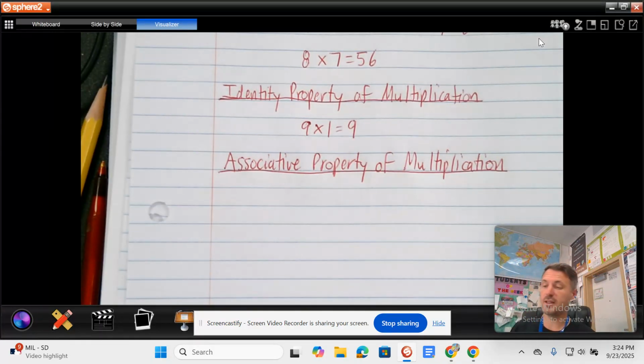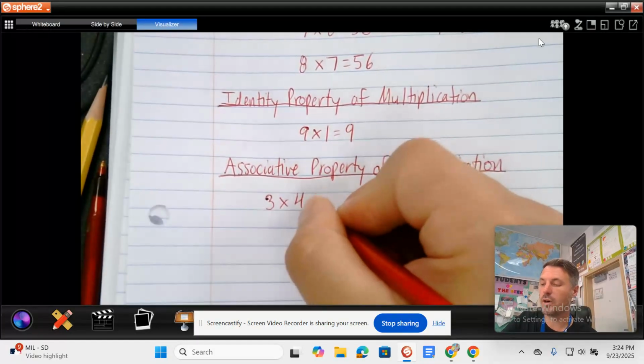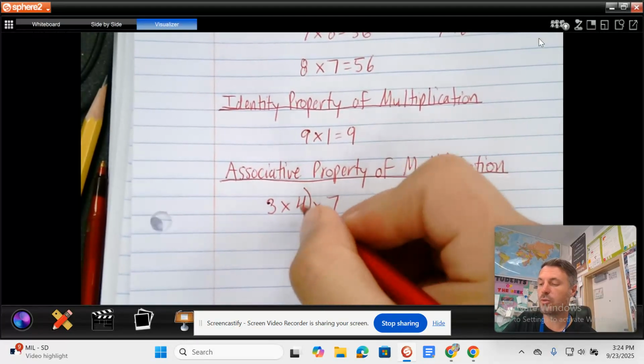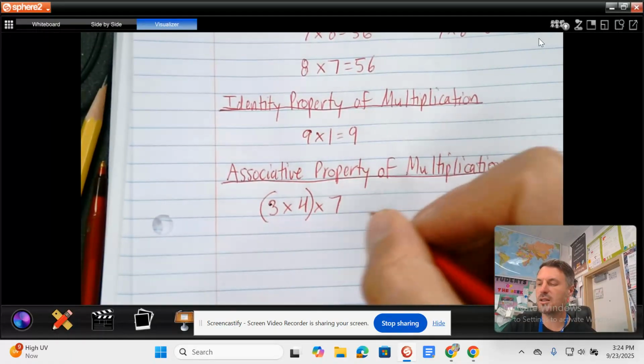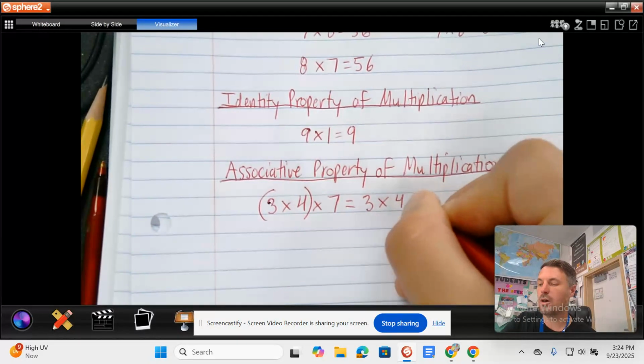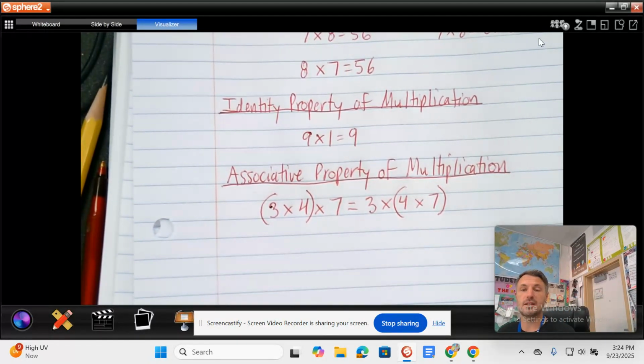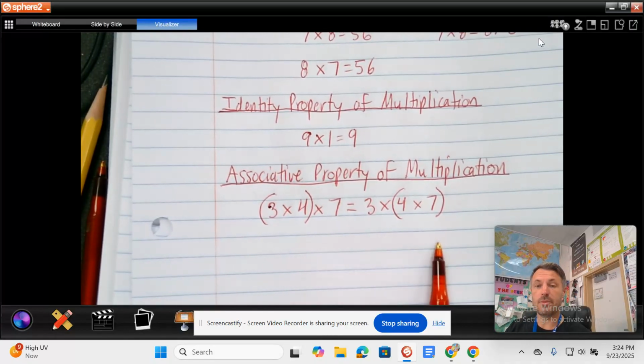So for example, 3 times 4 times 7 with the 3 and the 4 in parentheses equals the same thing as 3 times 4 times 7 with the 4 and the 7 in parentheses. So these both equal the same thing.